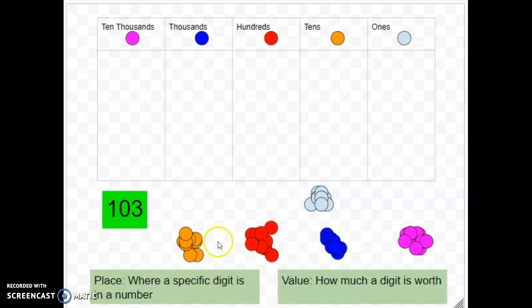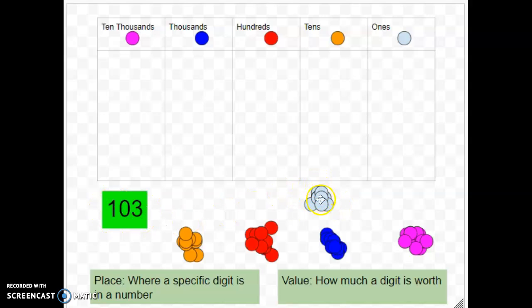Let's take a look at our next number. So our next number has, again, the 3 ones, so the 3 wholes, and then you notice that we have 0 tens now, and we will have the next place value, which is 100. So now we have 3 ones, 0 tens, and 100.